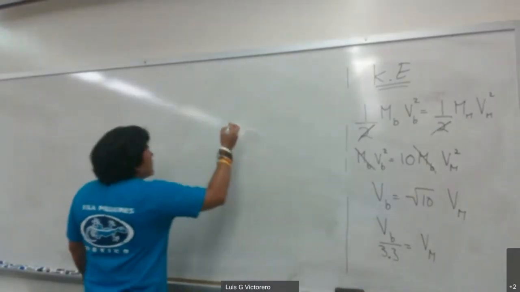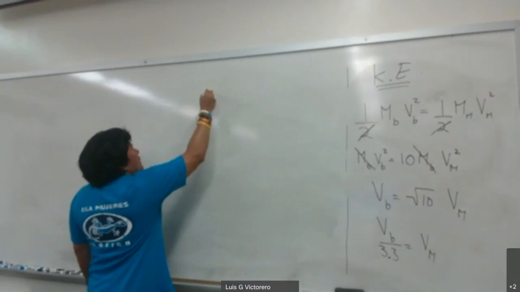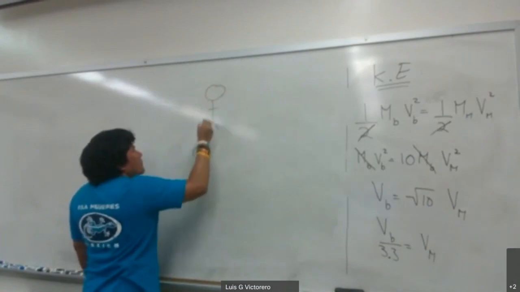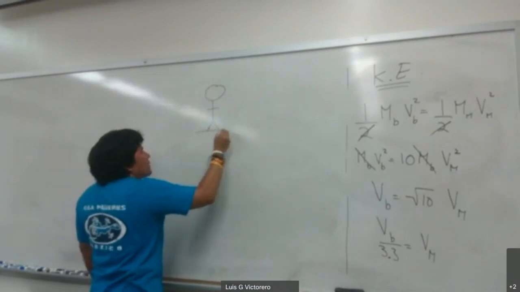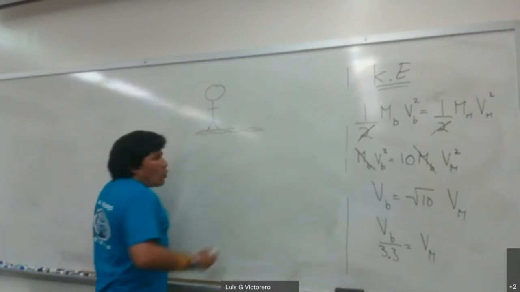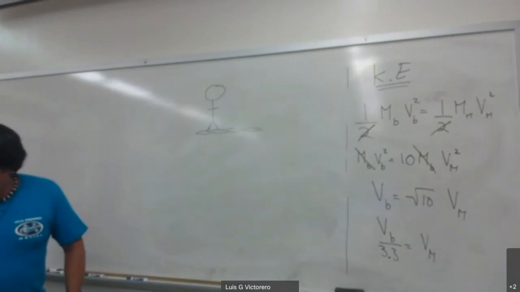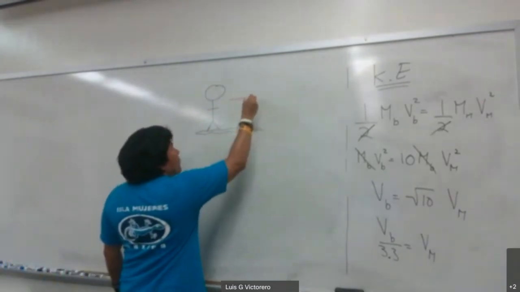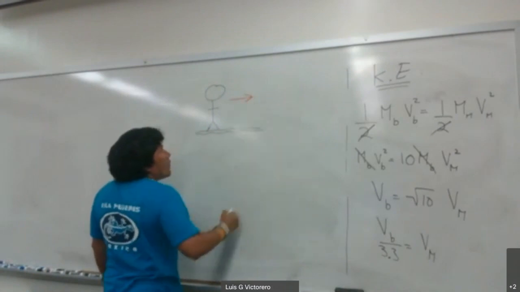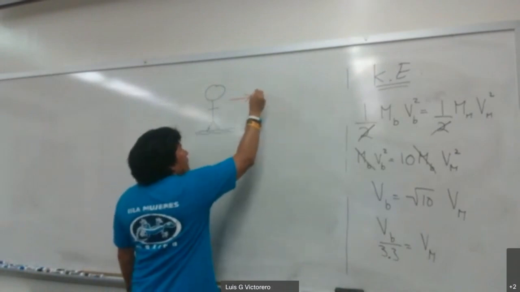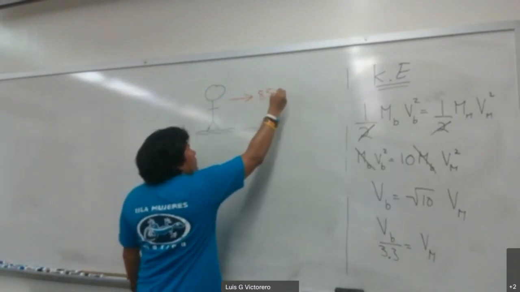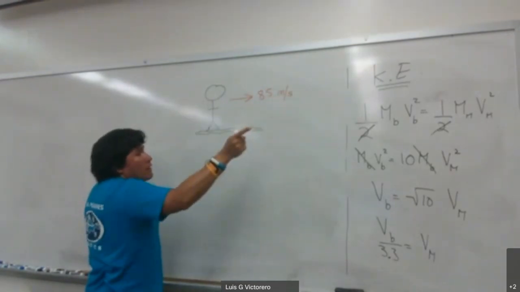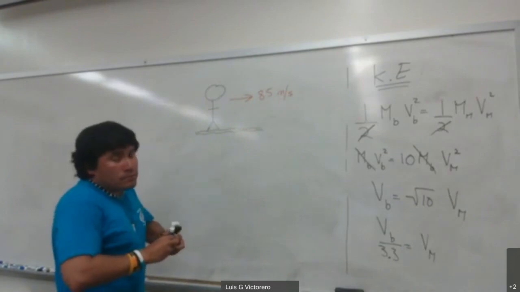So you have that the archer, which is on ice, will shoot an arrow towards the right with 85 meters per second of speed, or velocity.